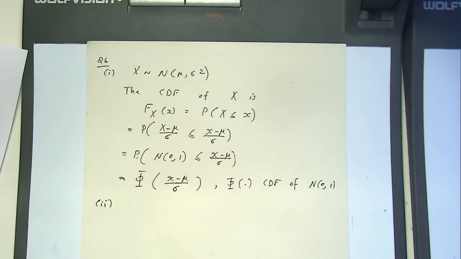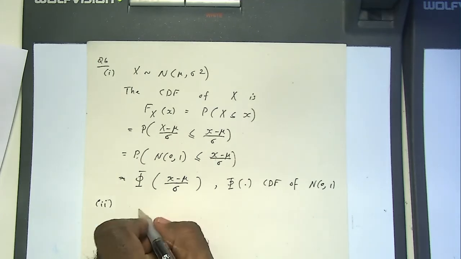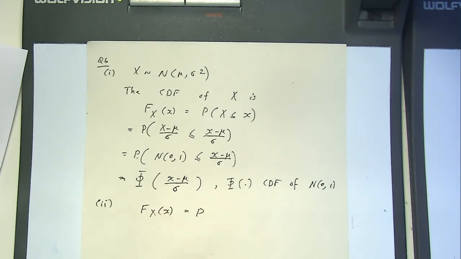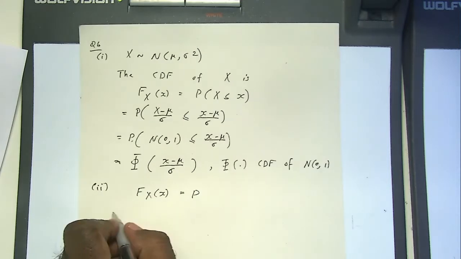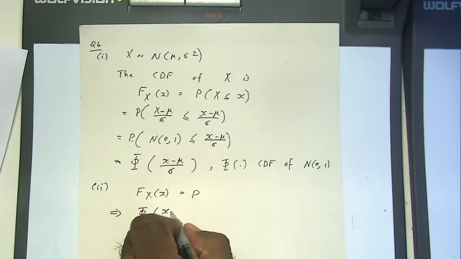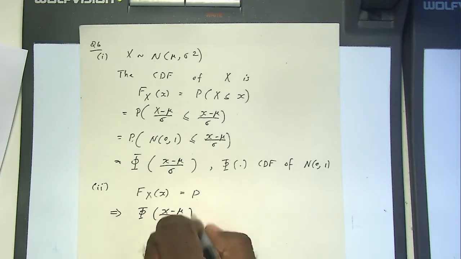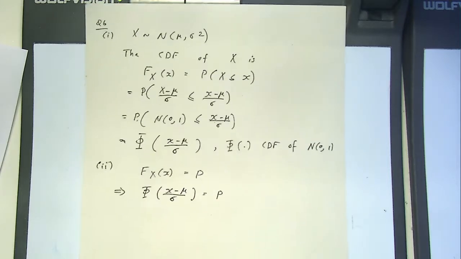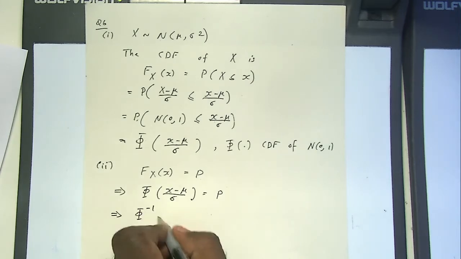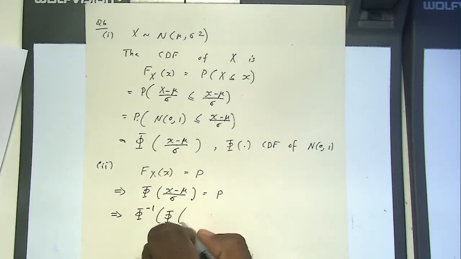Now to do part 2 is to find the quantile function. If you were in the lectures this morning, you would know to find the quantile function, you need to solve the equation that this is equal to p, where p is a number between 0 and 1. So this is the same as saying that phi at (x minus mu) by sigma is equal to p. Now you should apply the inverse function to both sides.